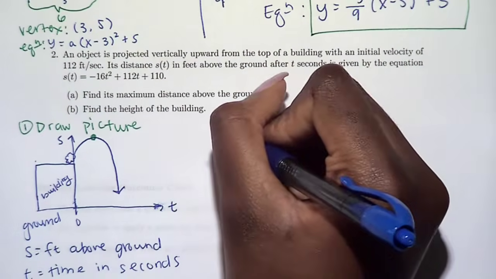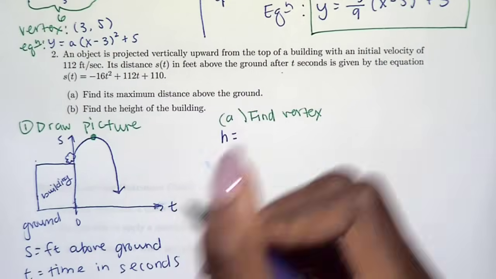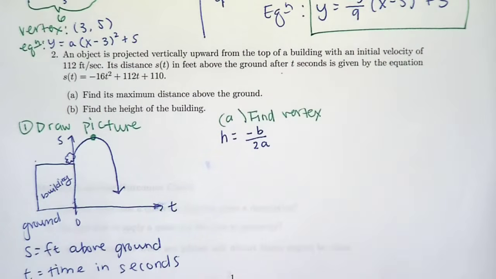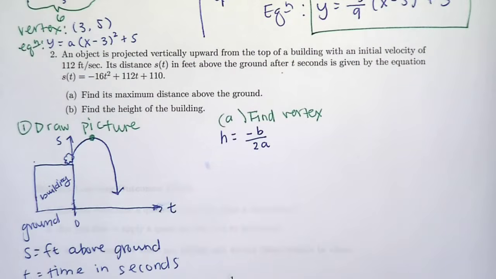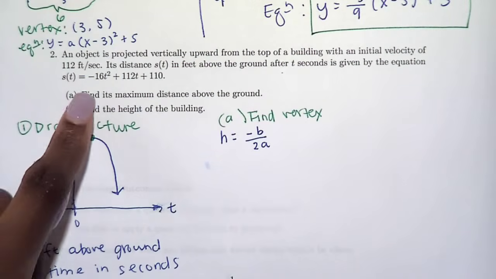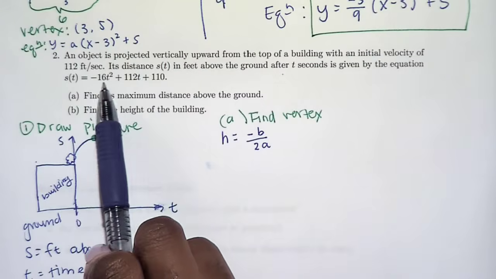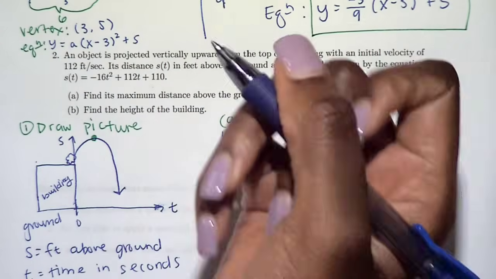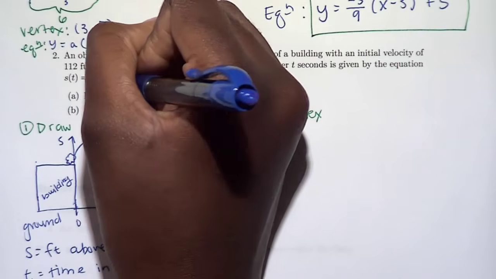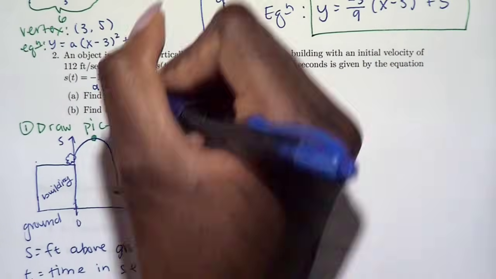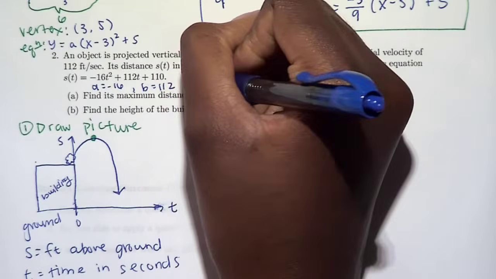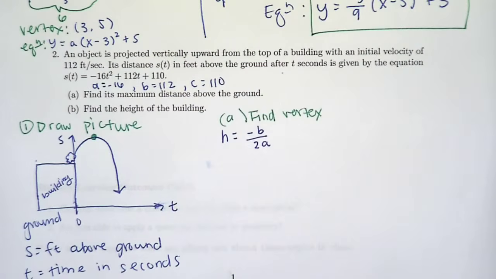All right, so if you remember, to find h, it's negative b over 2a. And so what are a and b? Well, it's based on the equation of our quadratic function or our parabola. So here, a is negative 16, b is 112, and c is 110.